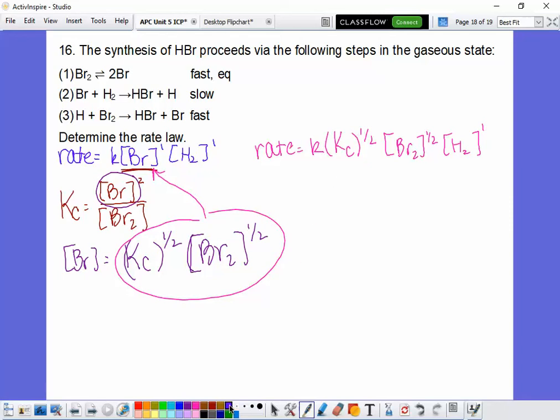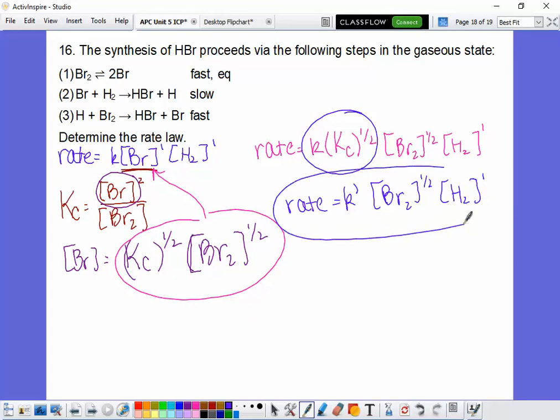And then all of this becomes what? K prime. Because they're all still constants. Oh, so close to being muted during that. And there is my rate law. Okay?